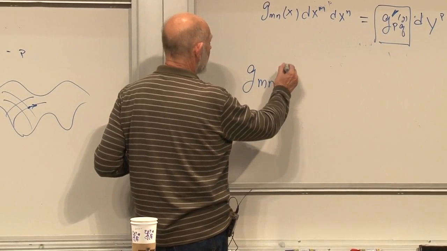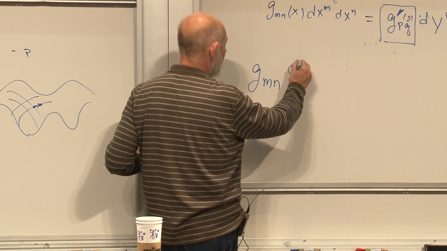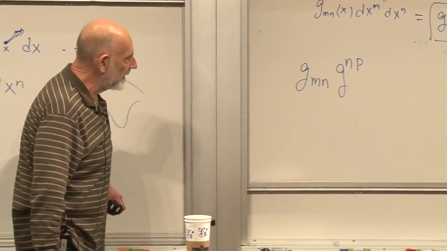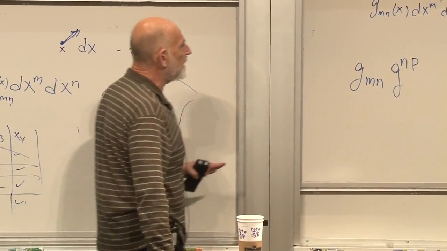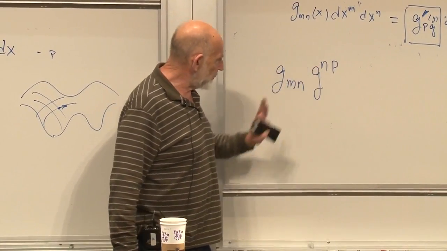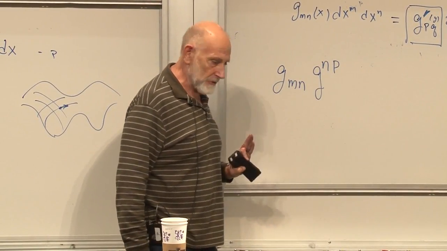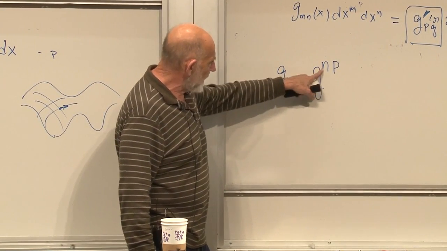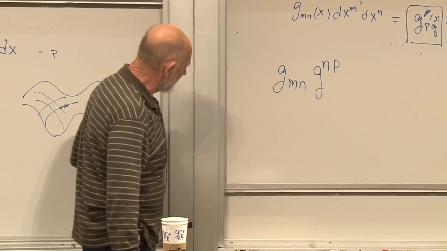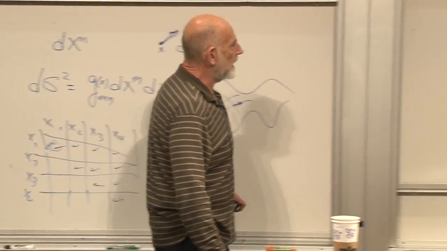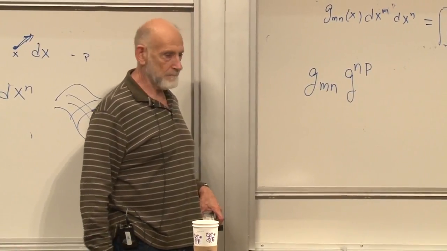G_mn times G^np, summed over n, contracted. This is a legitimate expression here if G^np is truly a tensor. If G^np is truly a tensor with the upstairs index, then this is a legitimate product of two tensors with the index n contracted. Can you guess what the answer is for this product?